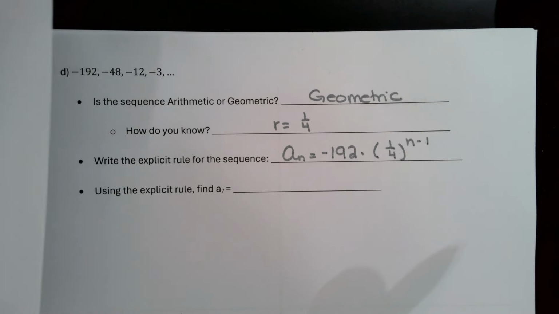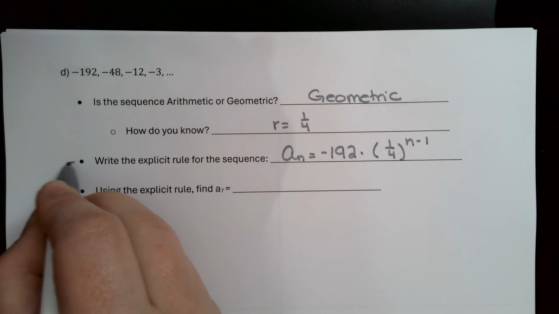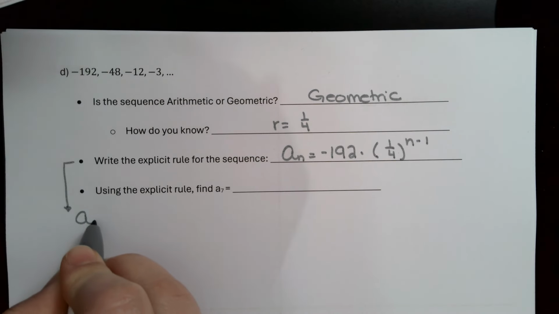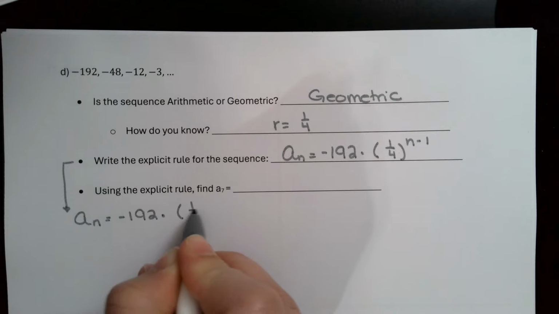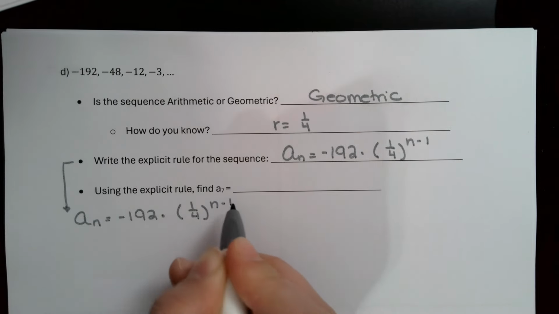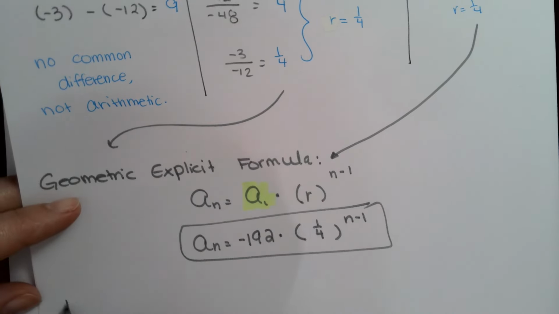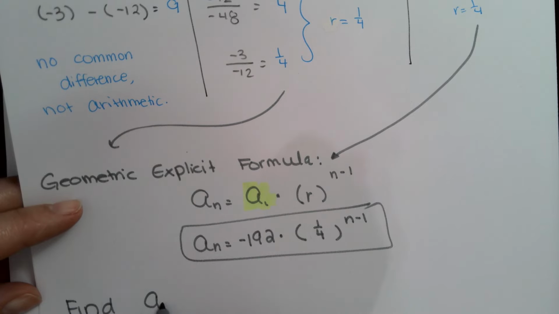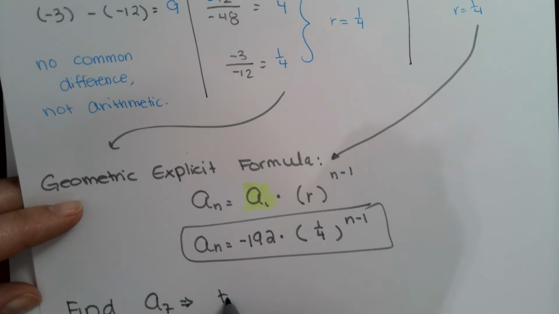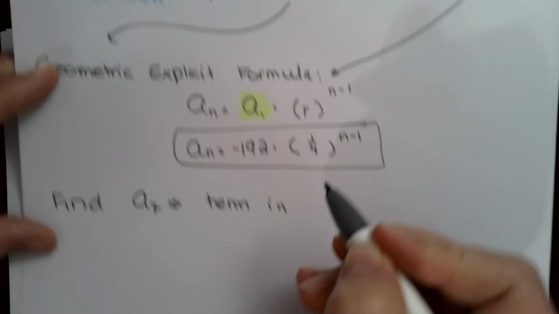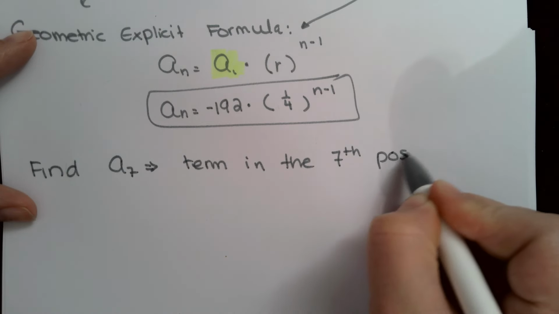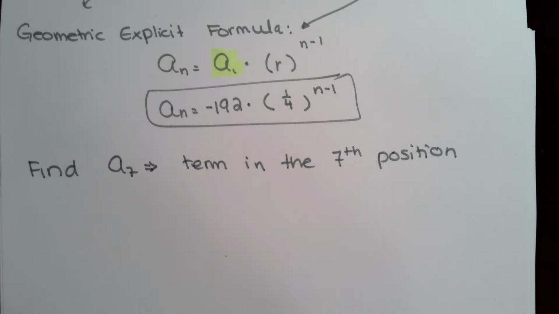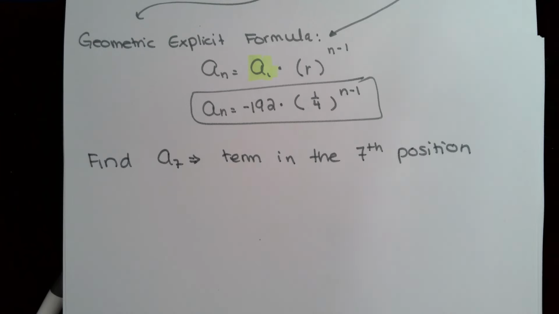Using the explicit rule, find a sub 7. So what that means is you're going to take this formula here, a sub n is equal to negative 192 times 1/4 raised to the power of n minus 1, and this 7 in a sub 7 is going to be the term in the 7th position. So that means the 7th position means that your n value is 7.